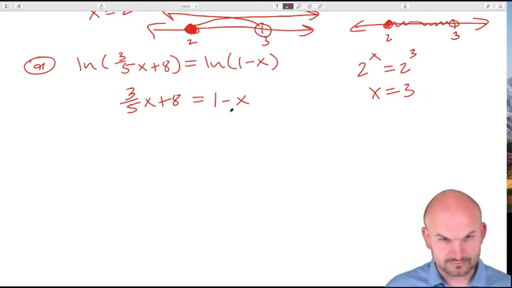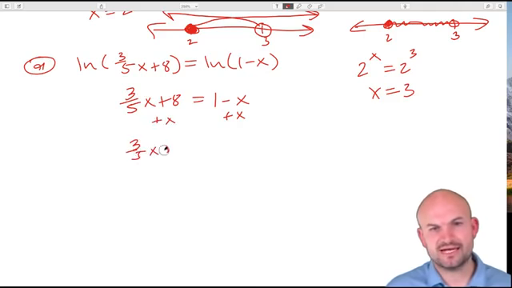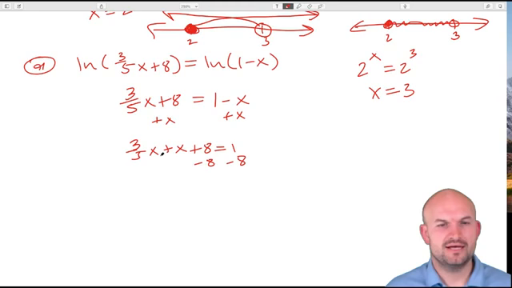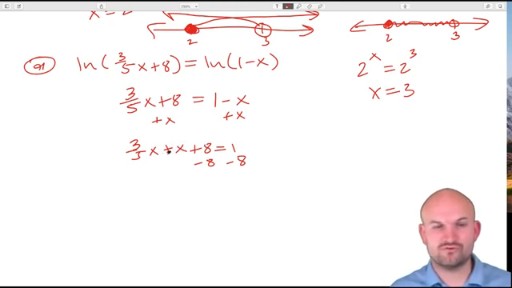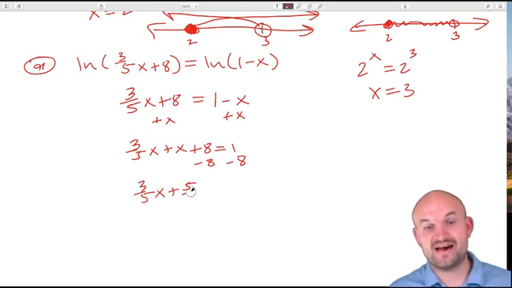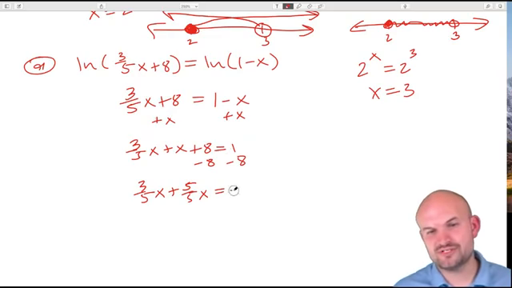So I'm going to add an x to both sides. So therefore, it would be 3/5 x plus 8 equals 1. And then I'll subtract the 8. Now, remember this x has a coefficient of 1. So I can rewrite this as 3/5 x plus 5/5 x equals 1 minus 8, which is negative 7.